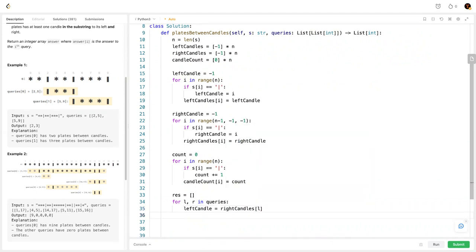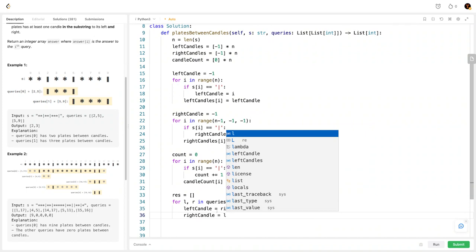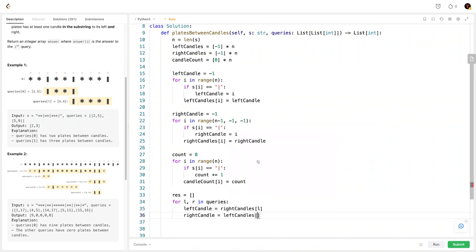And the right candle would be the closest left candle of the right position. So it will be left candles at the right position.